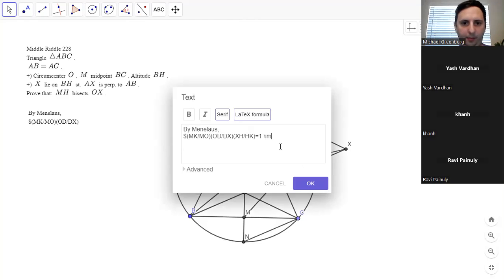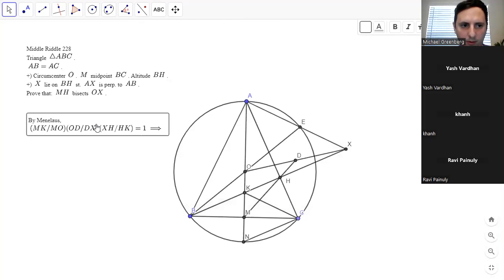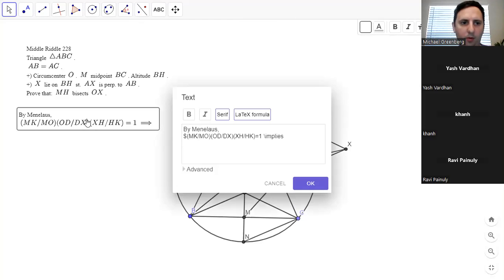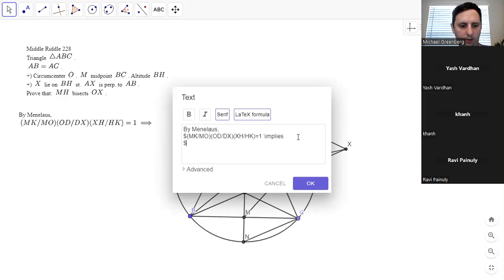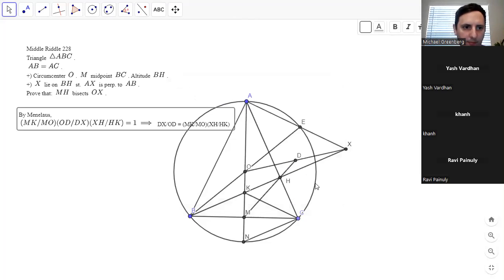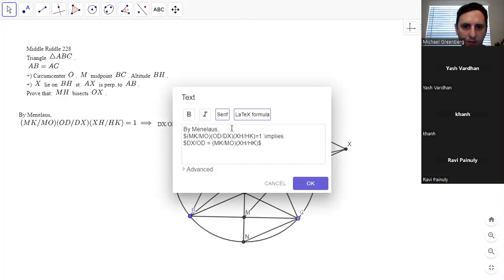And I'll just say that means that DX over OD equals MK over MO times XH over HK. Oh, whoops. I need to put it on a separate line.